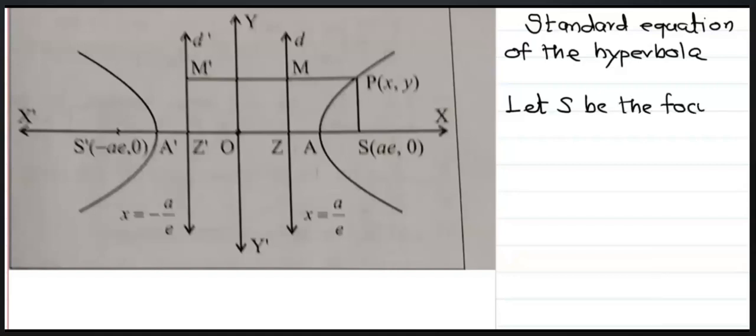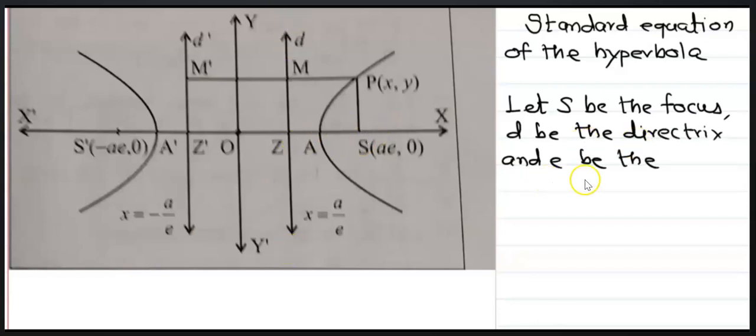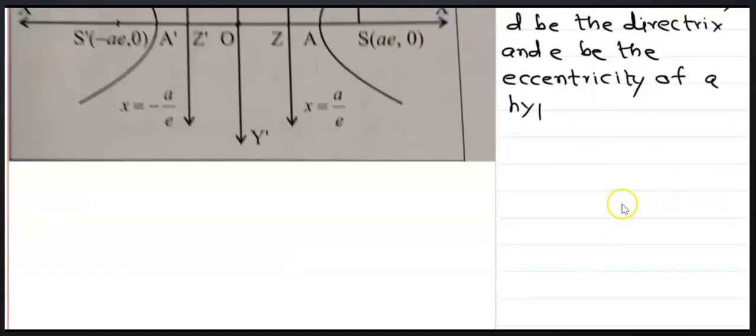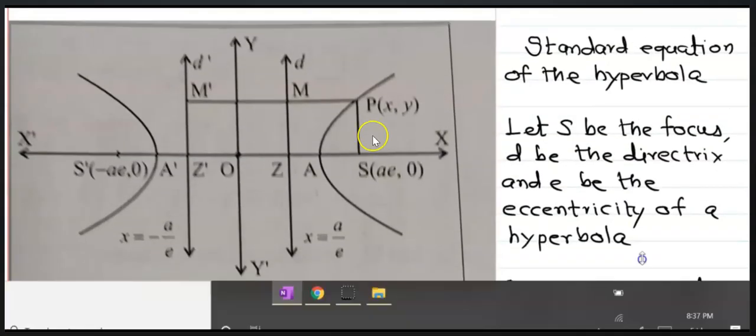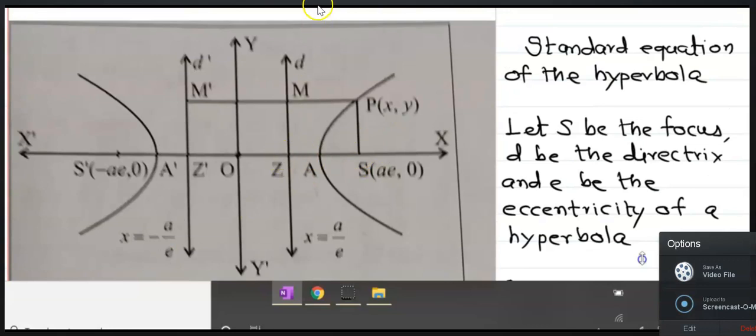That is, let S be the focus and D be the directrix, e be the eccentricity of a hyperbola. Draw SZ perpendicular to the directrix.